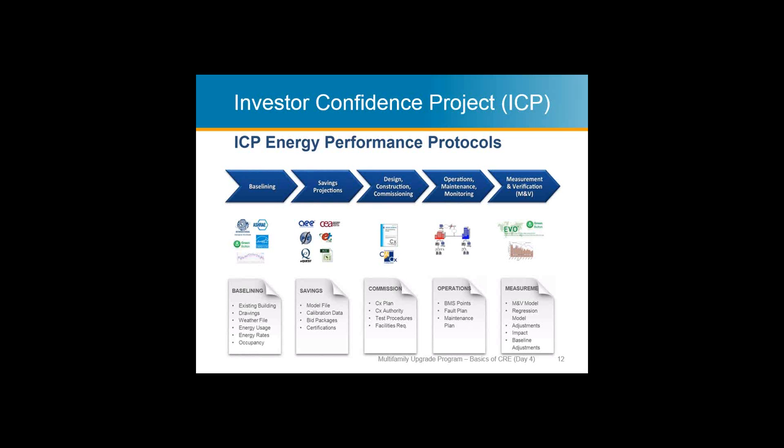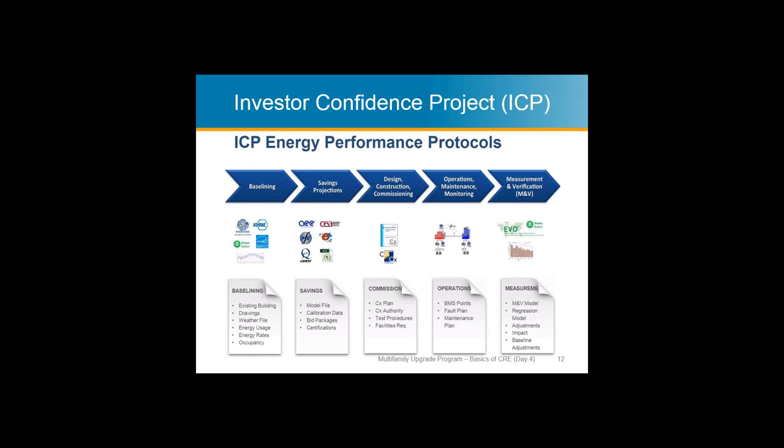We have baselining the property and the energy consuming systems, which naturally feeds into savings projections. So you get the energy auditor to create the energy model simulation, to calibrate it, to identify where the savings is, and then to bridge the gap between identification and implementation.